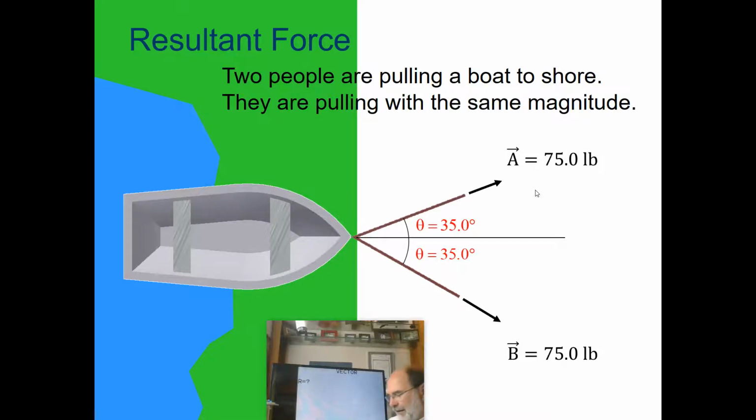So for vector A, the magnitude is 75 pounds, and the direction is 35 degrees. And for vector B, the magnitude is 75 pounds. And for the direction, I can't put in 35 degrees. I probably can put in negative 35 degrees, although I've never done that. Let's try it now and watch what happens.